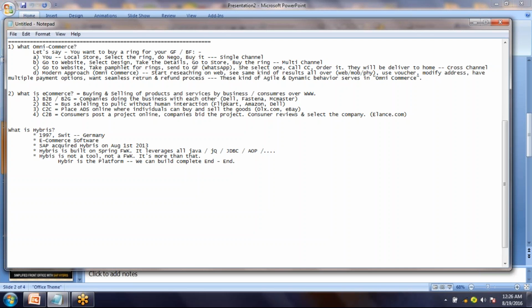That's why we call Hybris the platform. It's not just a tool, it's not just a framework, it's a platform. It has an API, it has a server, it has a framework, so many things are there. That's why we call it a platform.